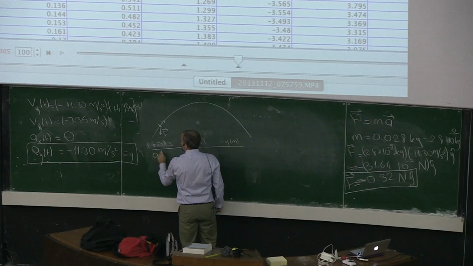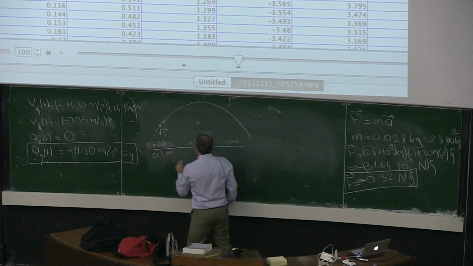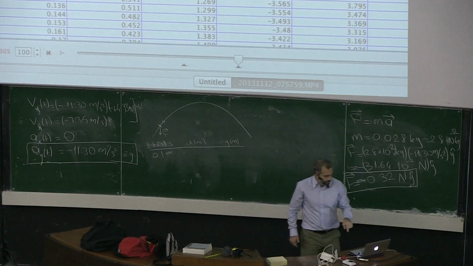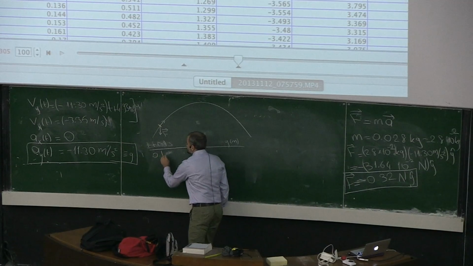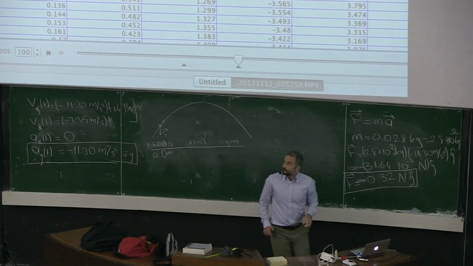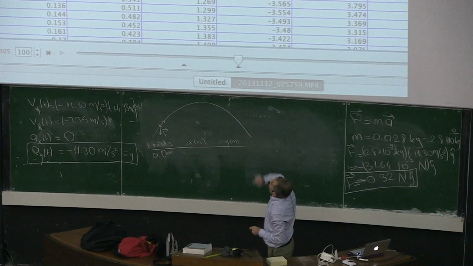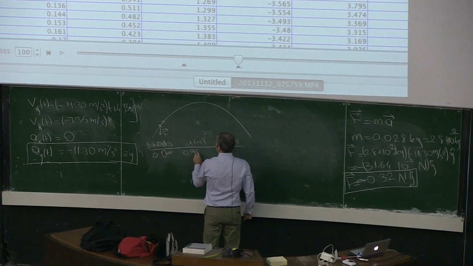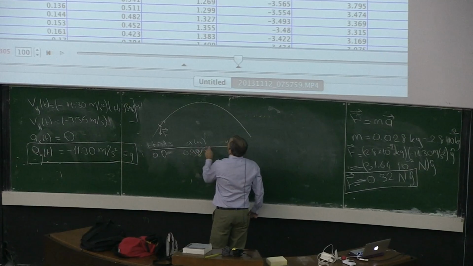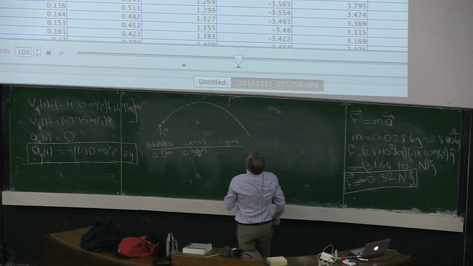At t equal to 0.0, my x coordinate is 0.995, and my y coordinate is 0.705.